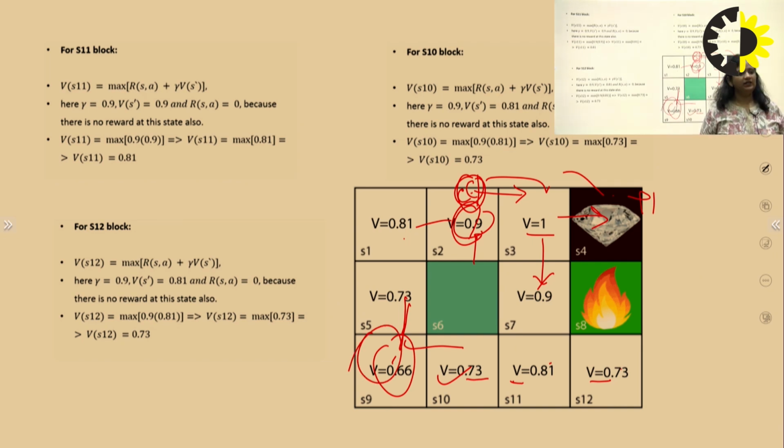So when the agent is in the S1 block, they follow this path to reach the destination. So according to this Bellman equation, an agent would learn how to interact with an environment to reach from the source to the destination by gaining the maximum possible reward.